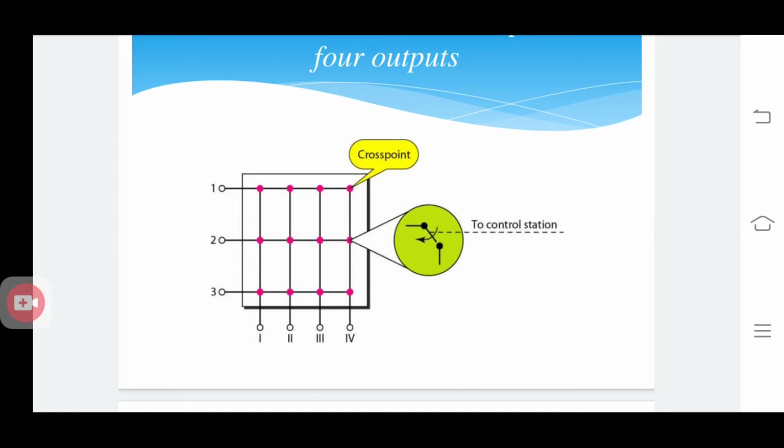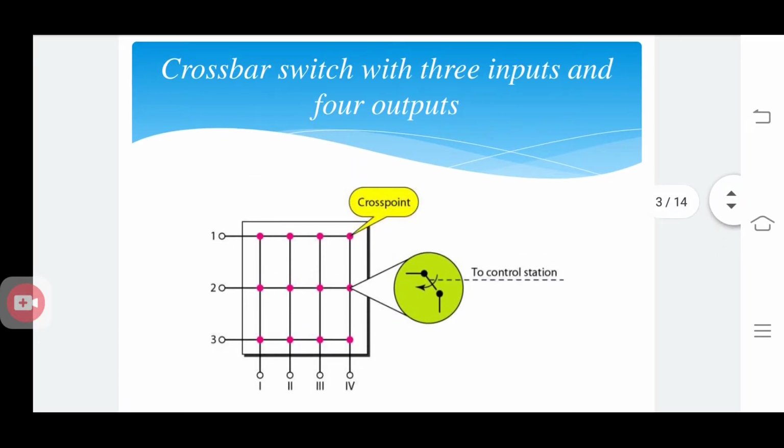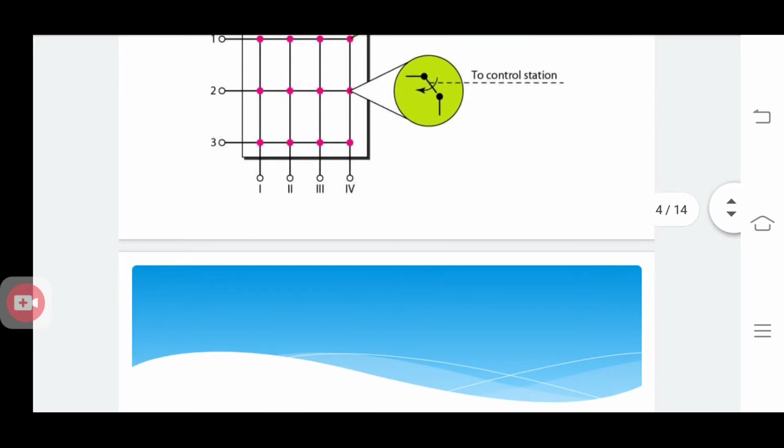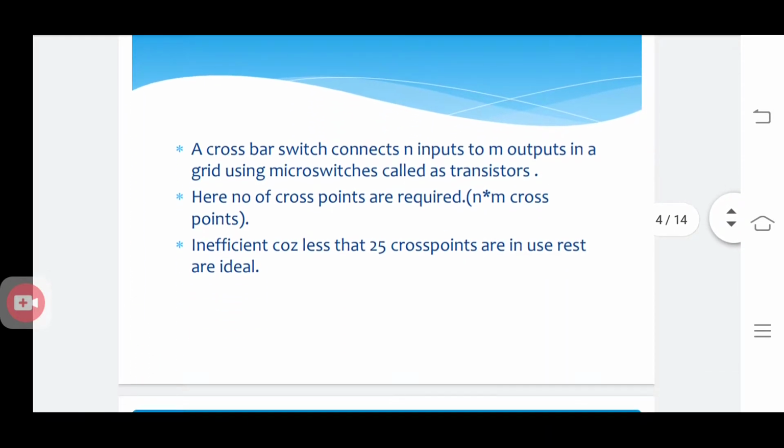Here we have 3 inputs and 4 outputs, connected in a grid with a number of cross points, and each cross point acts as a control station. It is actually a connection between n inputs and m outputs using micro switches known as transistors.